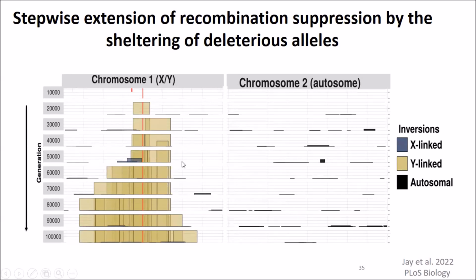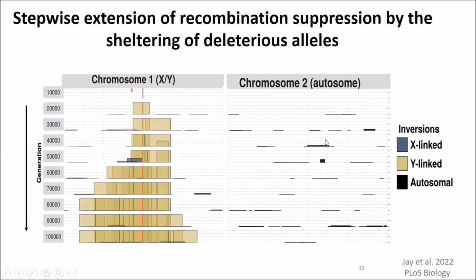And we show by simulation that this indeed occurs. Here we simulated an XY-like chromosome and an autosome, with deleterious mutations segregating in the population and inversions occurring regularly.